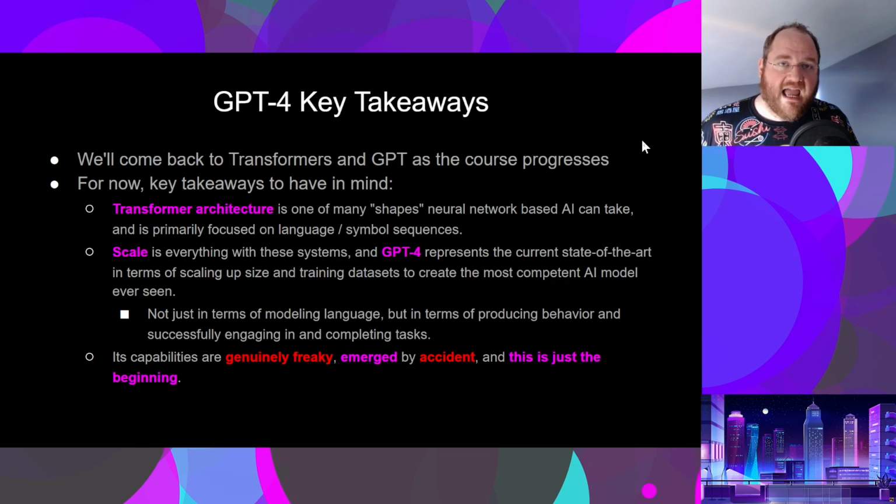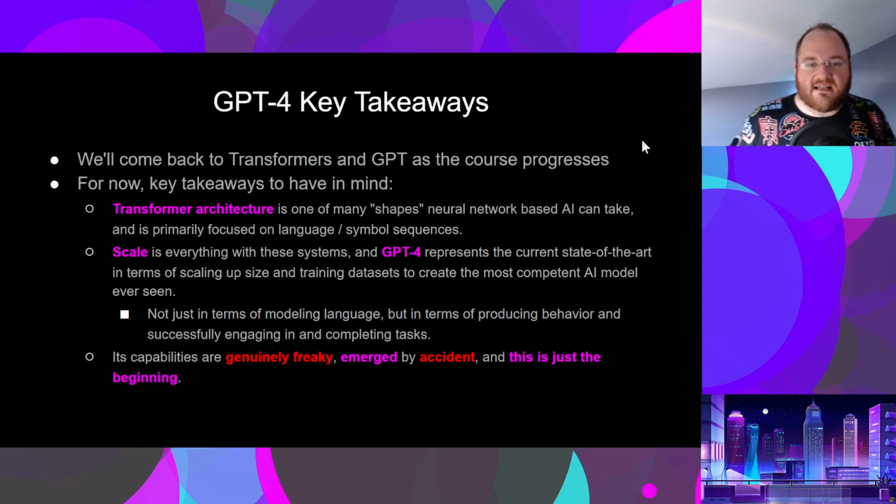For now, the key takeaways to have in mind are: the transformer architecture is one of many shapes that AI has taken in the past, the neural network shaped AIs, and it's primarily focused on language and symbol sequences. But scale is everything in these systems. You may be able to download the same transformer shape as GPT-4, but your computer would probably take 795 years, not joking, of literal processing time to train GPT-4 the way it is.